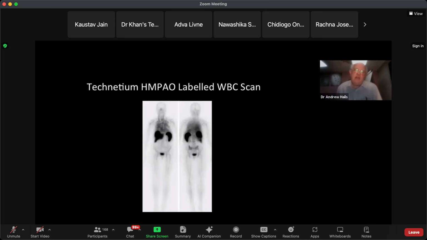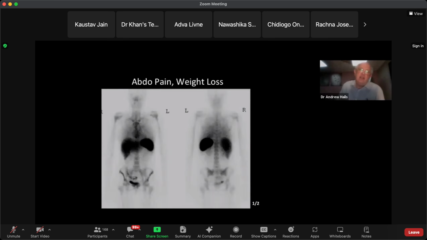So after about an hour or 2 hours, the images of the abdomen are full of radioisotope anyway, so it will only do for other parts of the body or very early on for the abdomen. So this is a relatively early image, and you can see you've got uptake in what turned out to be terminal ileum. I think that's what it was. That was Crohn's disease.